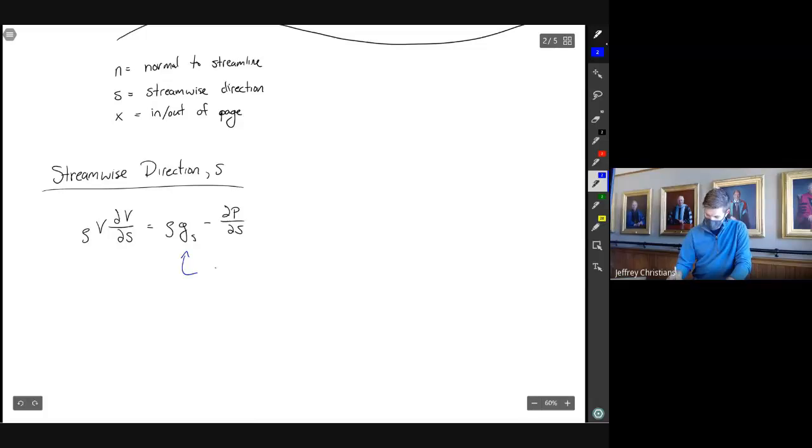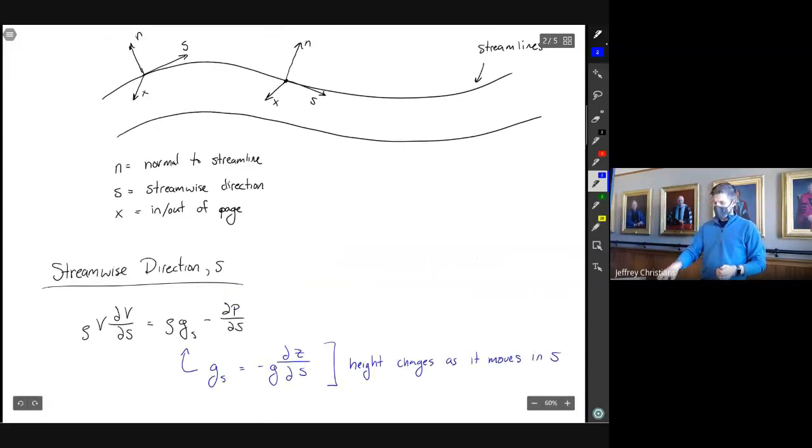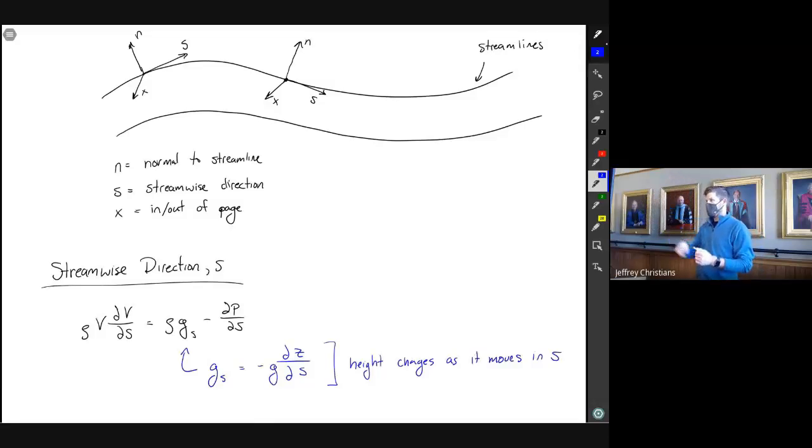This guy, g_s, equals minus g partial z partial s. Right, this is for our height changes as it moves in S. So our little particle goes up and down as it moves along the streamline.